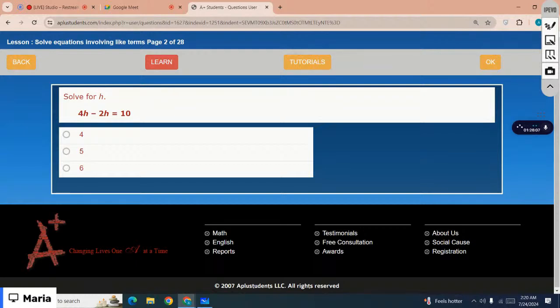That is h equals 5. Option number 2 is the option.